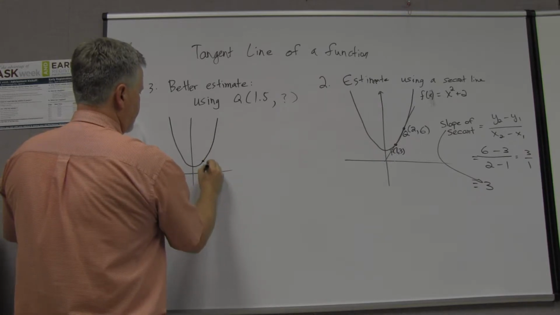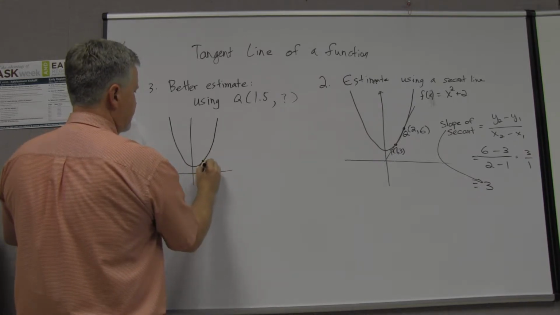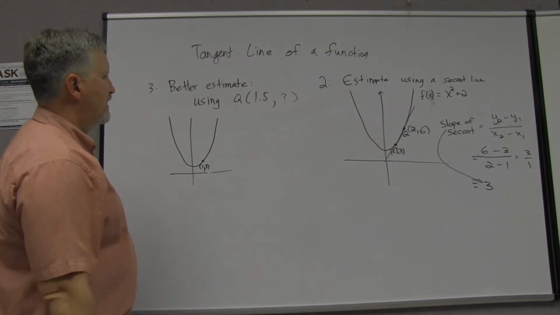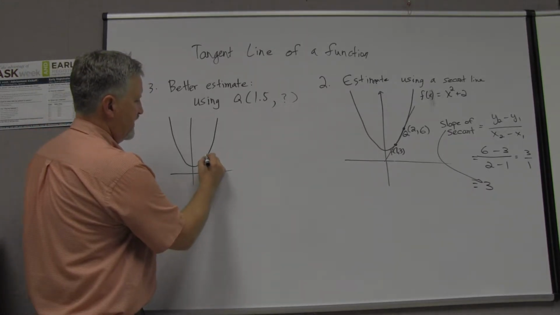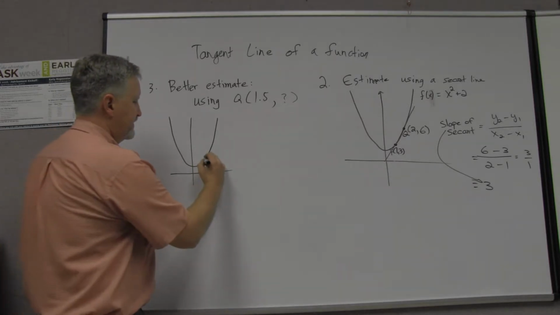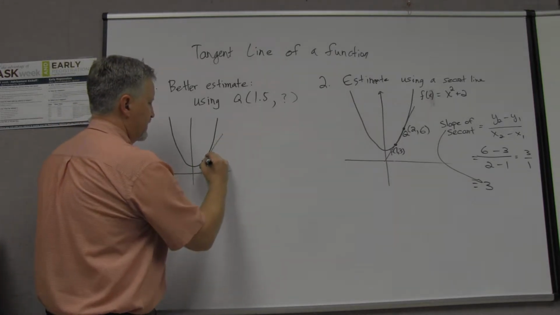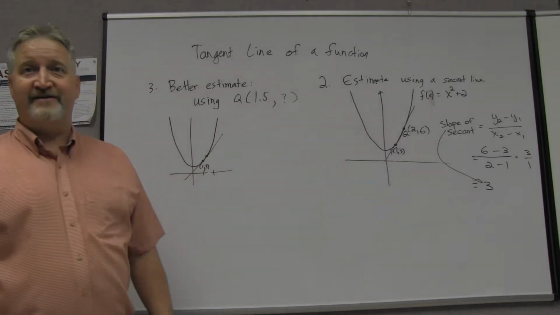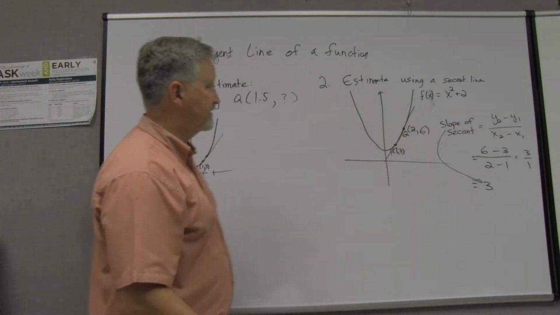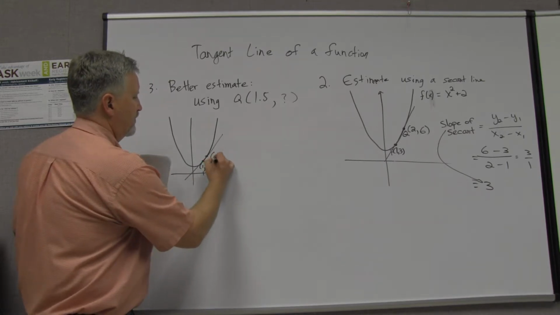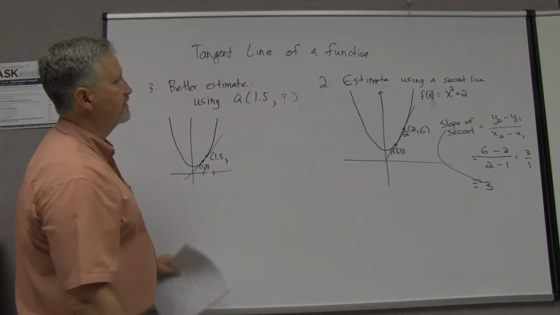So I've got 1 for P. And then my Q, I'm not going to go all the way out to 2, I'm just going to go out to 1.5. You see, I pulled it in a little bit, and so now I'm getting closer to that tangent line, aren't I? I've stepped back, come in closer than 2, 6. So now I'm at the point 1.5, and what's the other point that goes with it?